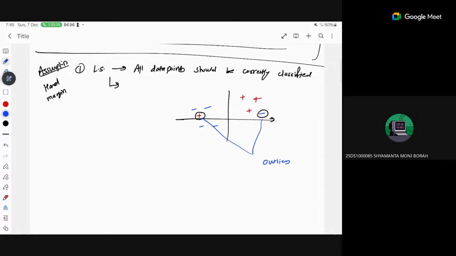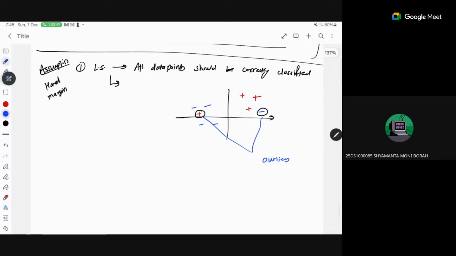In that case, if this is a positive point, where should it be lying? On the right side.